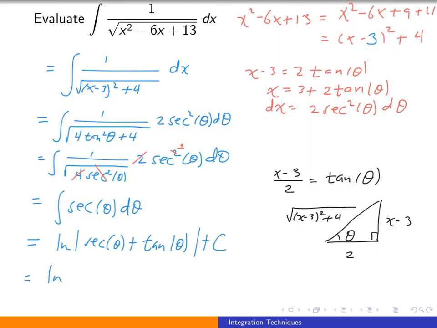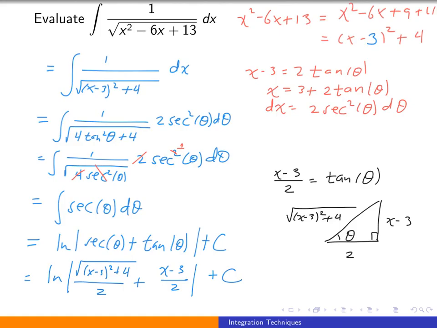So looking at what we have here, natural log of the absolute value of secant theta, so that would be the quantity square root of x minus 3 squared plus 4, all divided by 2, plus tangent theta, which is x minus 3 over 2, and this is all plus C.